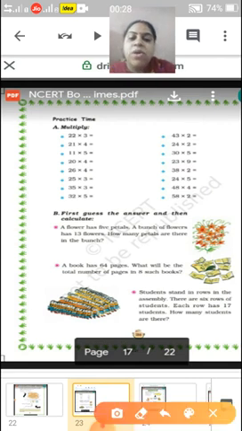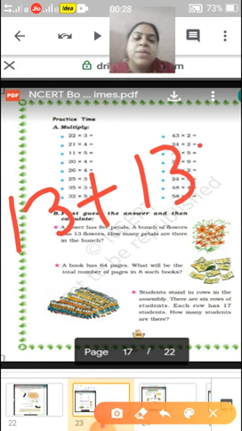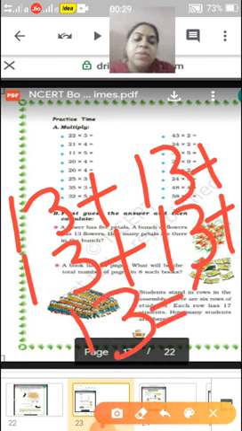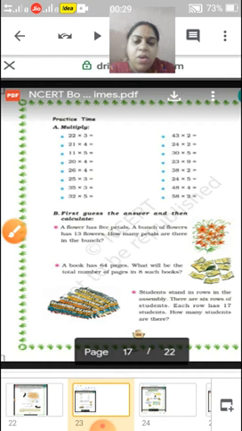Okay, or you can write this as 13 plus 13 plus 13 plus 13 plus 13 is equal to 65 petals. Okay, now come to the next.